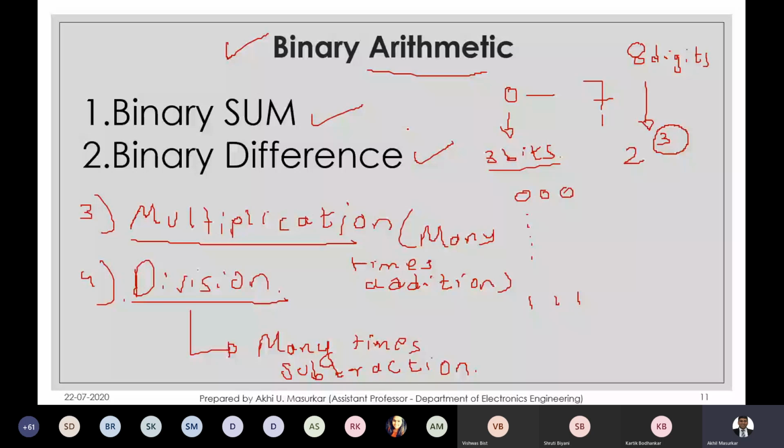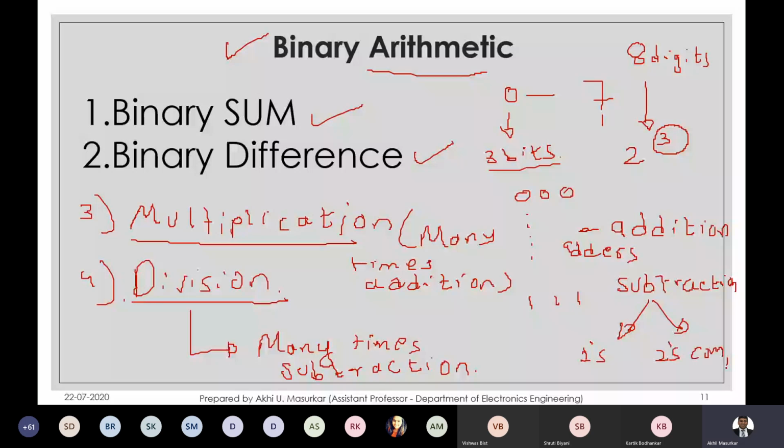Now why, I will tell you. In digital, for addition you require adders. For subtraction, we use two methods actually, which you are going to see today: one's complement and two's complement. Then we add. So basically, addition is addition only, but even in subtraction, we are using addition.